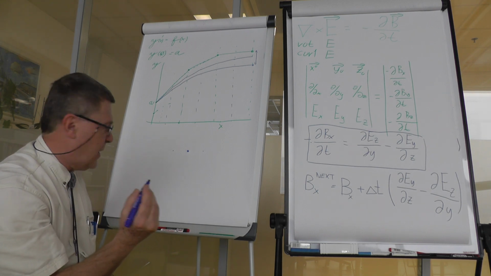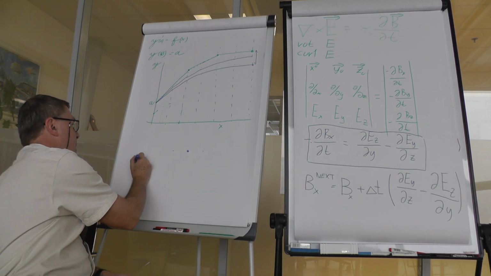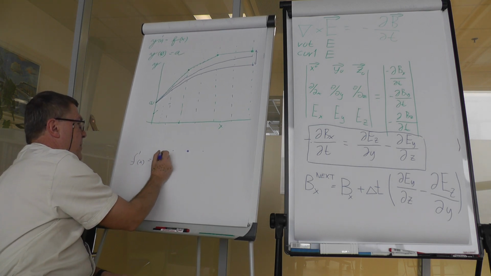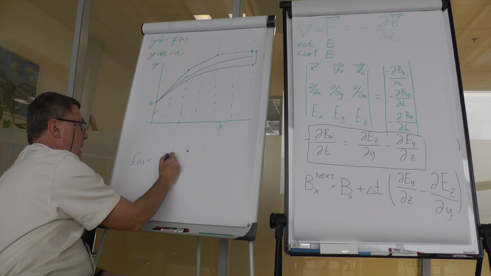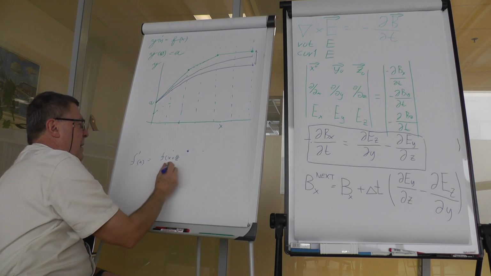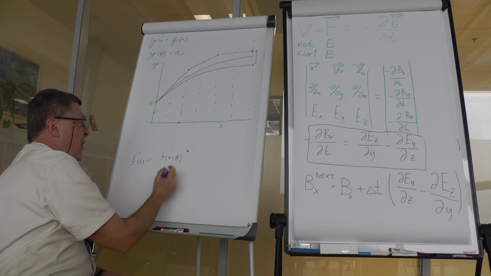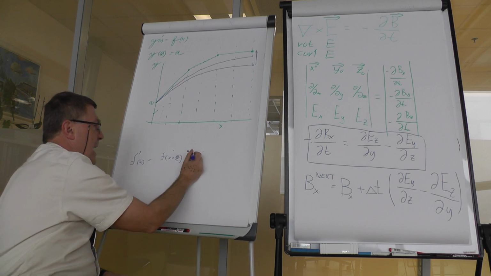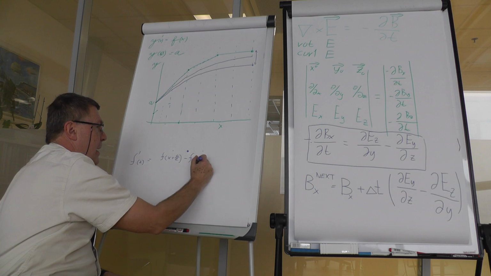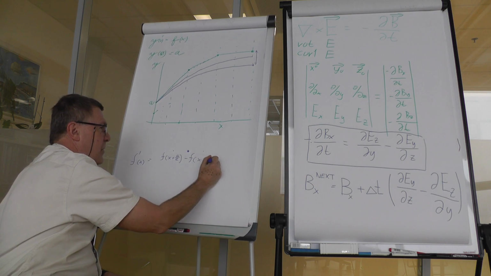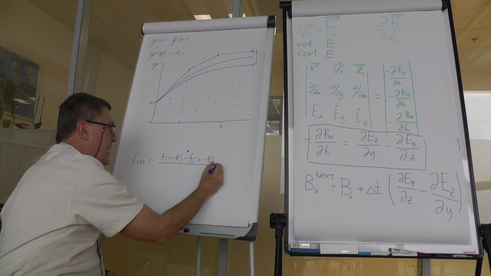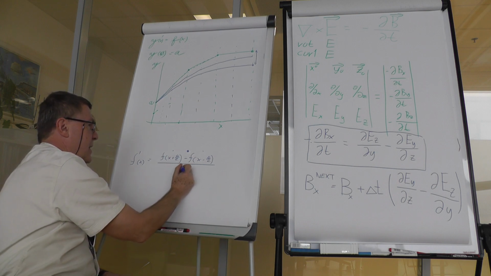I mean, the central notation for a derivative is f'(x) = [f(x + Δ/2) − f(x − Δ/2)] / Δ.